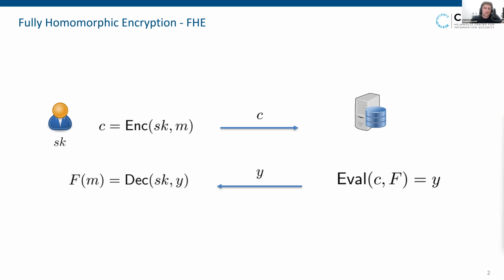Then it sends the result of the evaluation back to the user, who can decrypt F of M, that is the result of applying the function F on the encrypted message M. And importantly, the server doesn't learn the message M because it's encrypted.